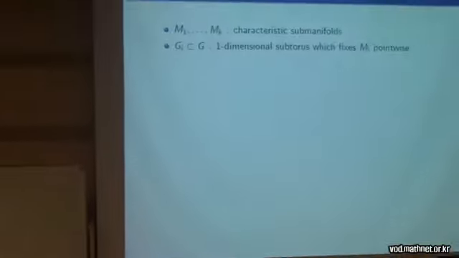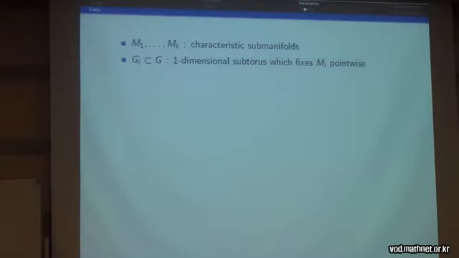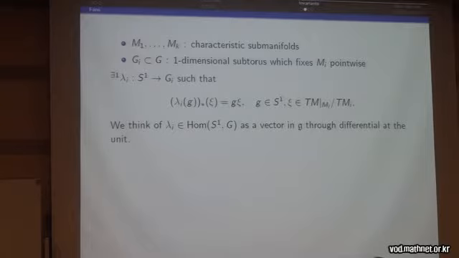Let M_1, ..., M_k be the characteristic submanifolds and let G_i be the one-dimensional subtorus which fixes M_i pointwise. We consider a parameterization of G_i. There are many parameterizations, but we can choose a special one in this way. The normal bundle of a characteristic submanifold is a line bundle over M_i by definition.